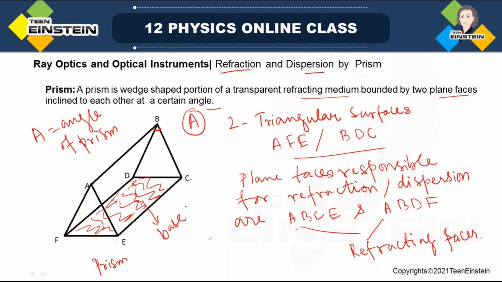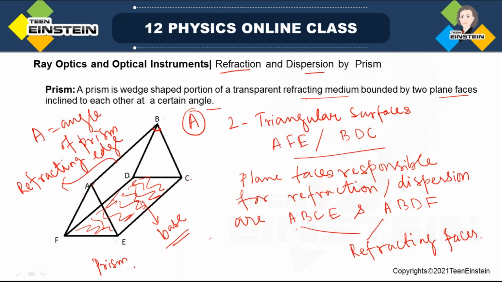And the line AB is the line joining the two faces A, B, D, F and A, B, C, E. These two faces meet at this line. This line is called the refracting edge.